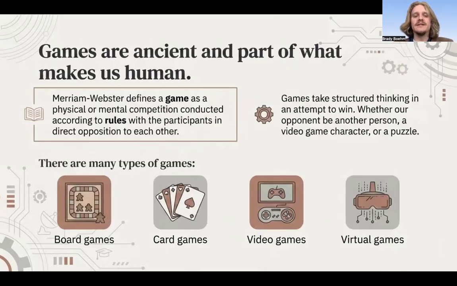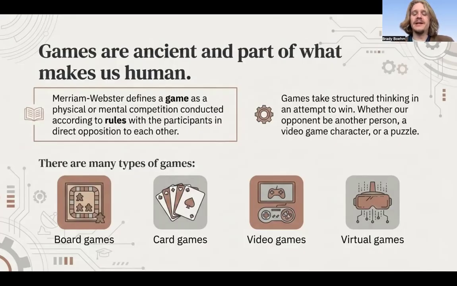Merriam-Webster's dictionary defines a game as a physical or mental competition conducted according to rules with the participants in direct opposition to each other. So there's this idea that a game is played against other people, that there are rules that are made. And truly, games take structured thinking in an attempt to win.